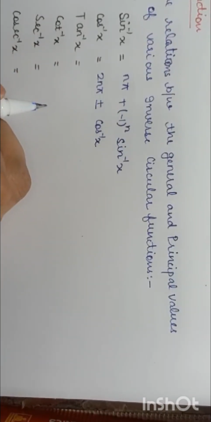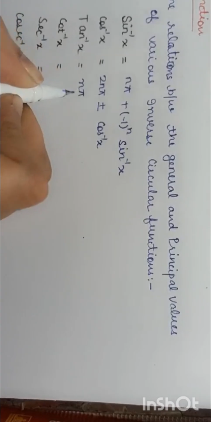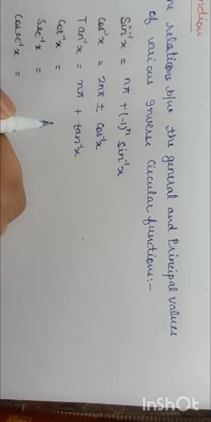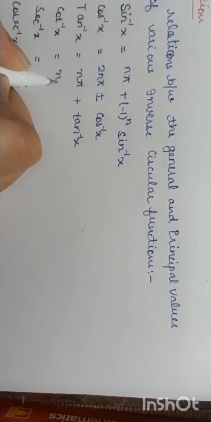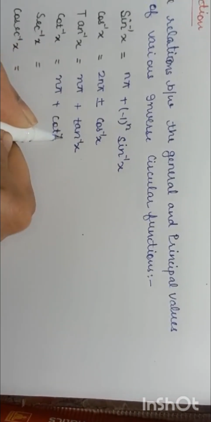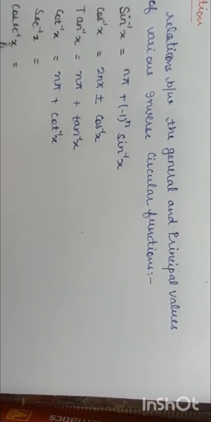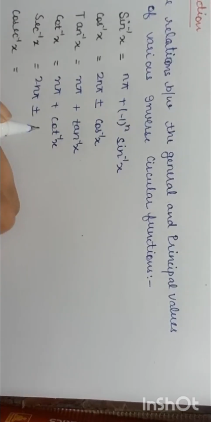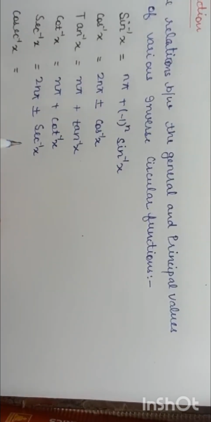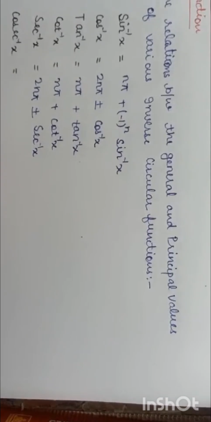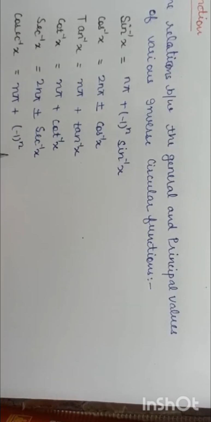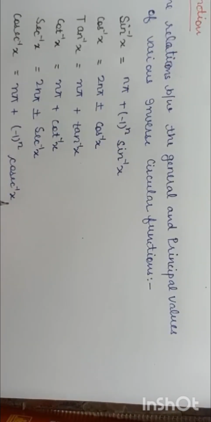For tan inverse x it is n pi plus tan inverse x. For cot inverse x it is n pi plus cot inverse x. For sec inverse x it is 2n pi plus minus sec inverse x. And for cosec inverse x it is n pi plus minus 1 to the power n cosec inverse x.